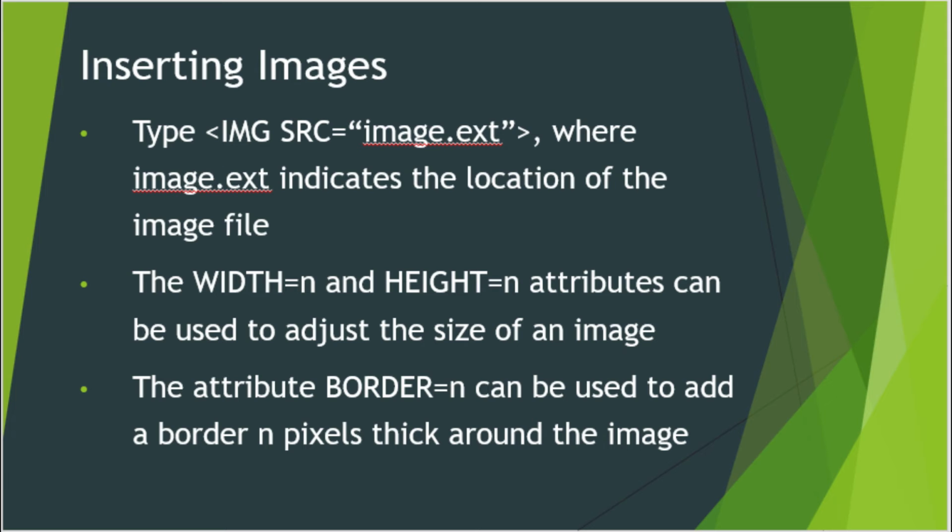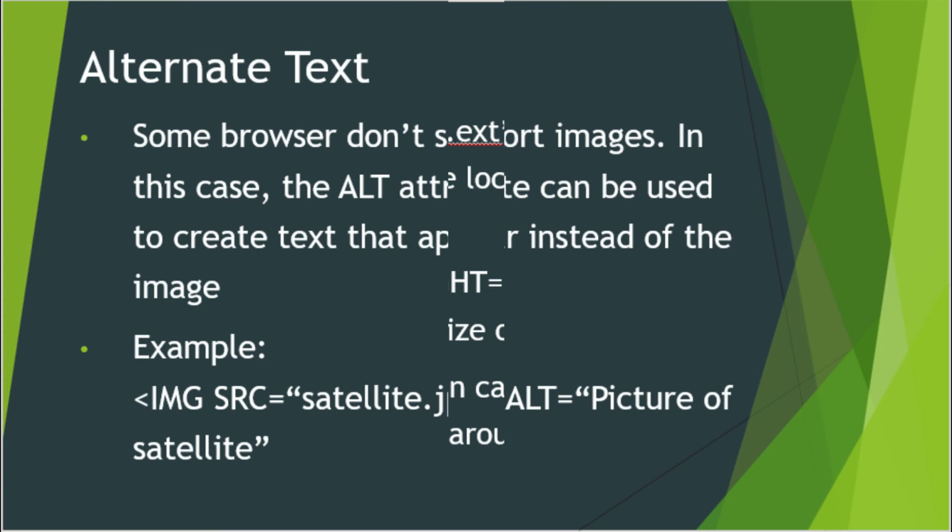And next one, alternate text. Alternate text is used because some browsers do not support images. In this case the alt attribute can be used to create the text that appears inside of the image. For that purpose we are using an attribute, that is alt.